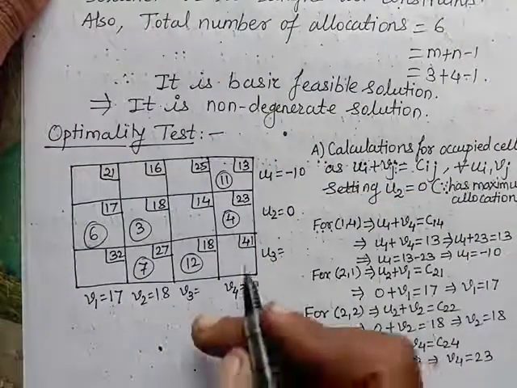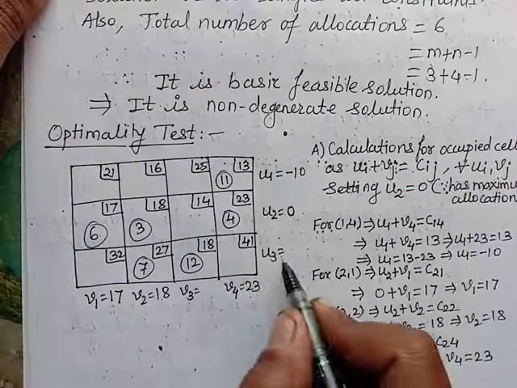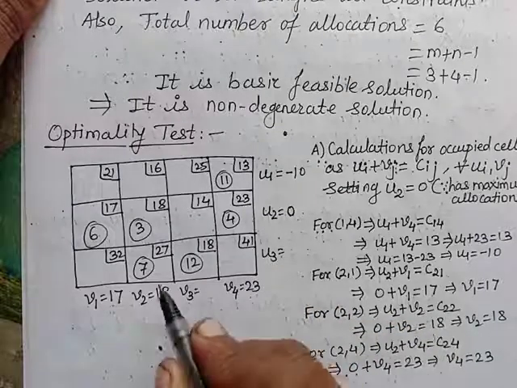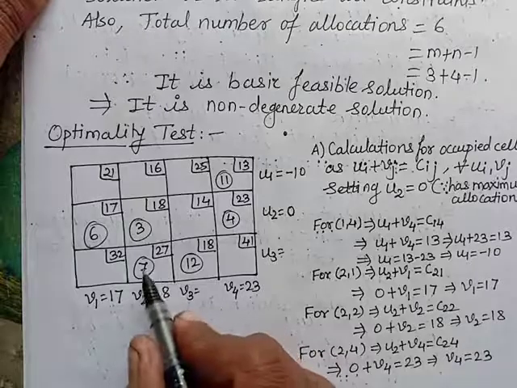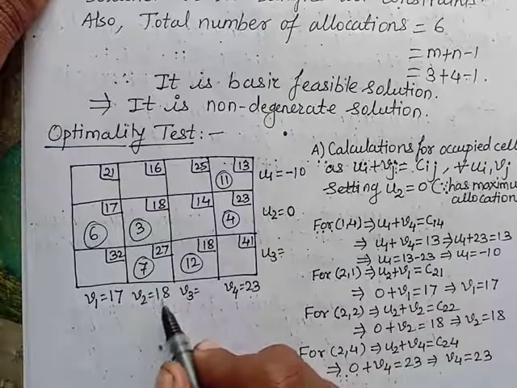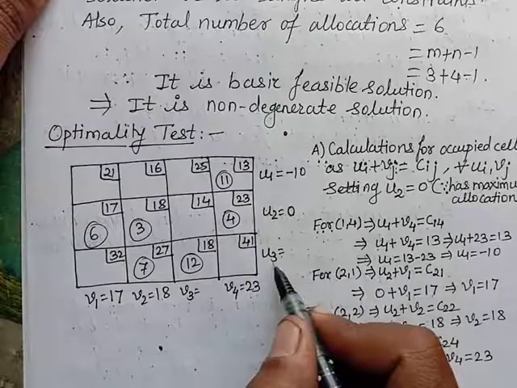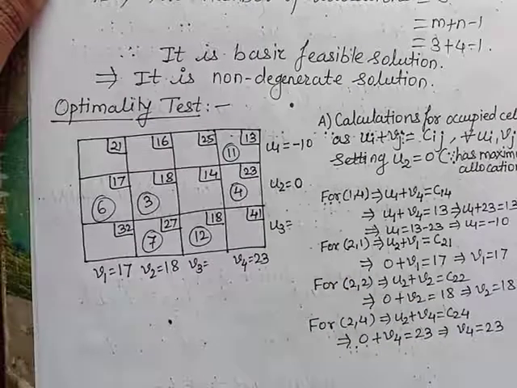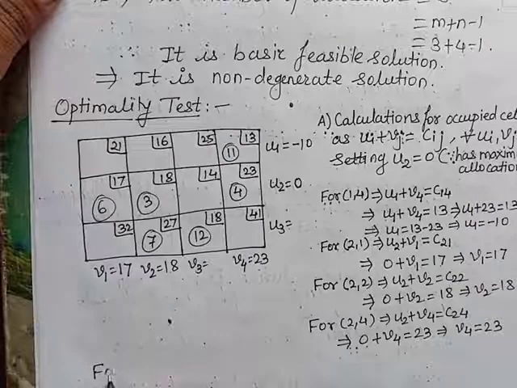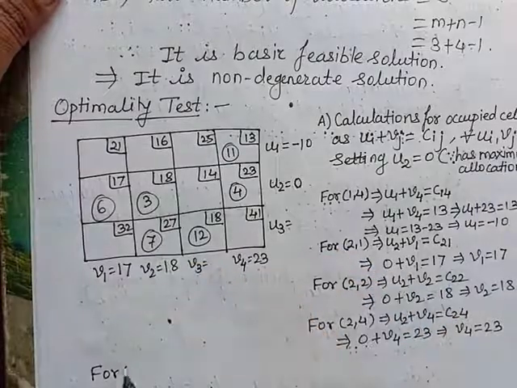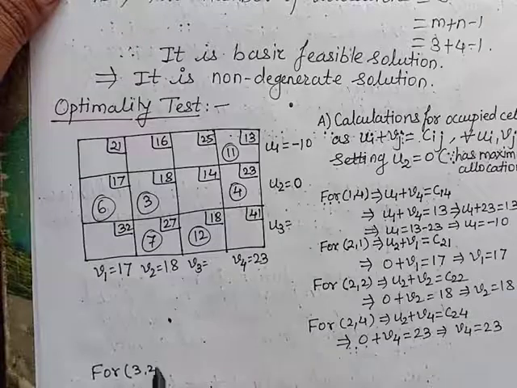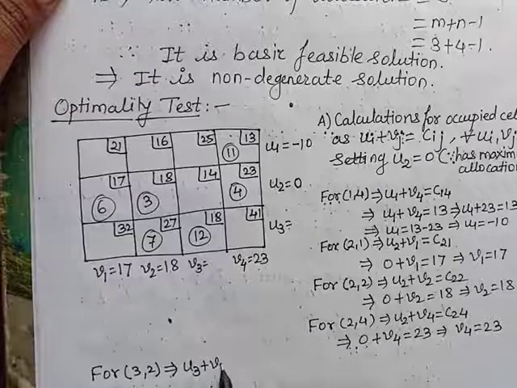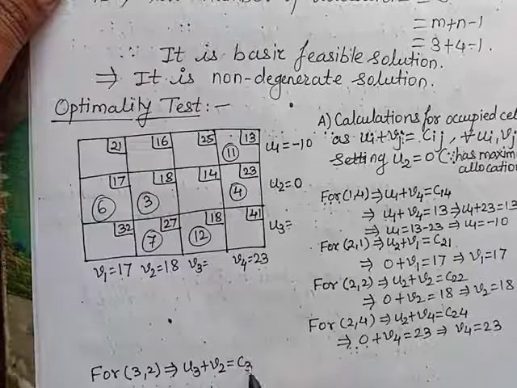Now, the question is left for V3 and U3. Let me determine U3 first. Here we have V2, so we can easily determine U3 from that. For cell 3,2, U3 plus V2 is equal to C32.